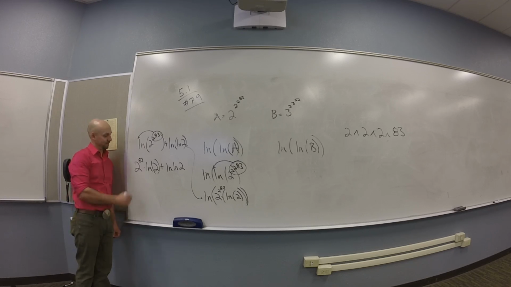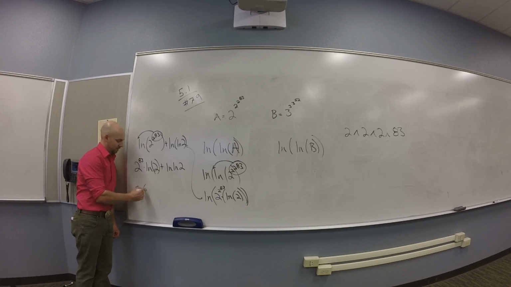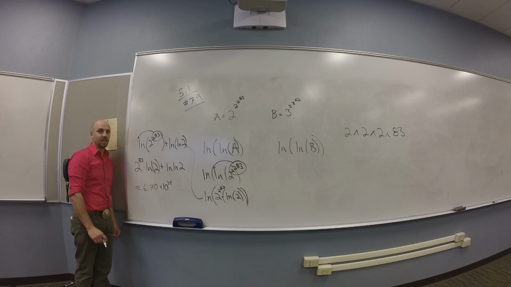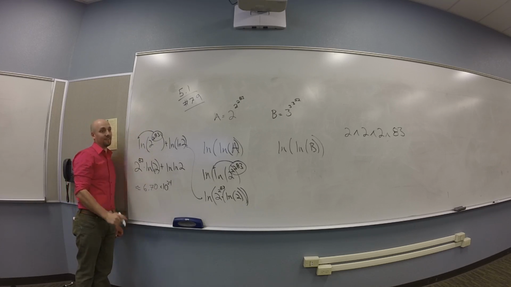Yeah, rounded. 6.70 times 10 to the 24th. Cool. That's big, right? And that's not A, right? That's log of A. So that should be a lot smaller than A.